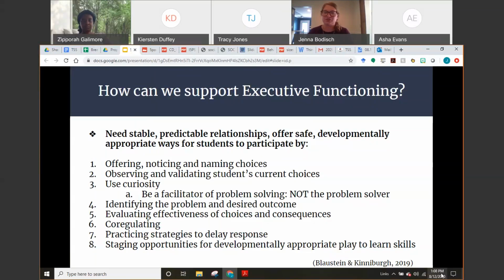Observing and validating students' current choices, even if that choice was not one that you want the student to make or that you don't agree with. We need to first start by observing and validating the current choices, because how can we change if we already feel inadequate? And sometimes we validate the reasoning behind the behavior, but not necessarily the behavior.